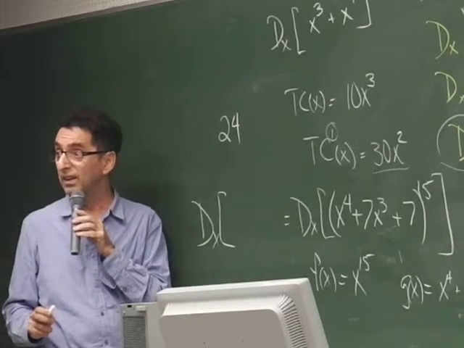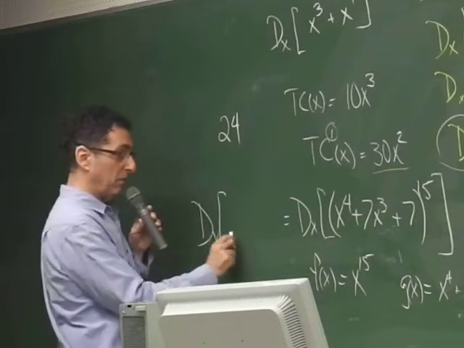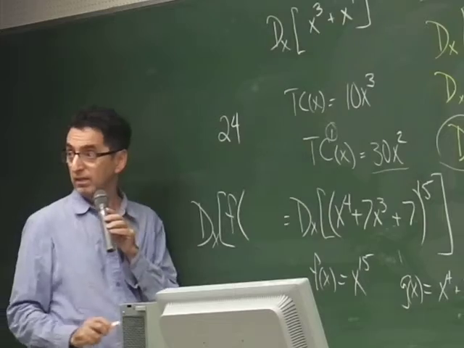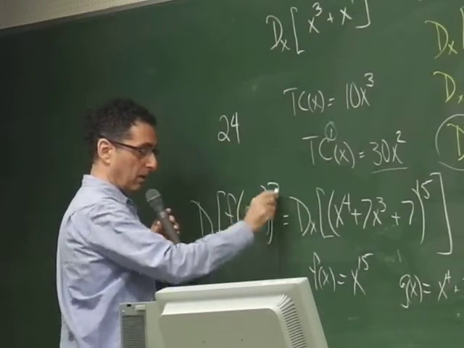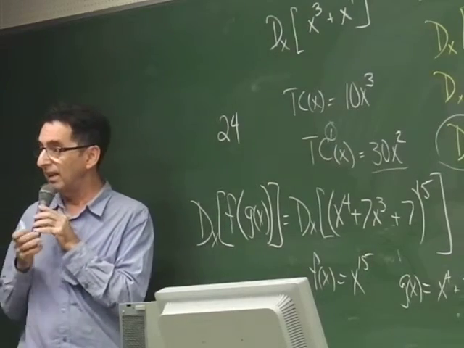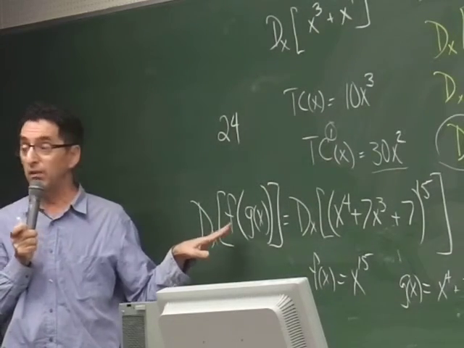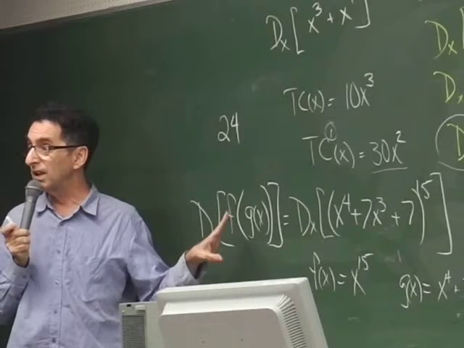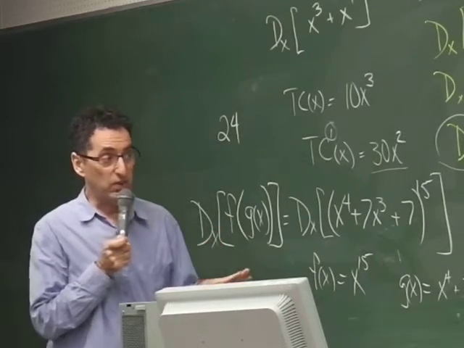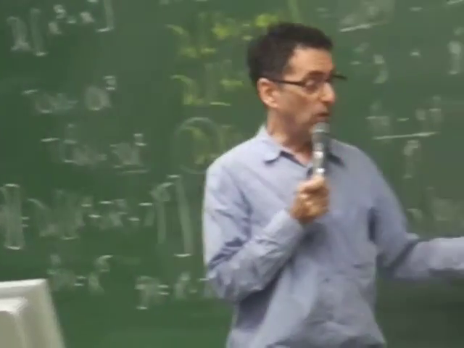Of f of g of x. Now you see, oh, this is a chain rule question, because it's the derivative of a composition. So that means you can use this rule.